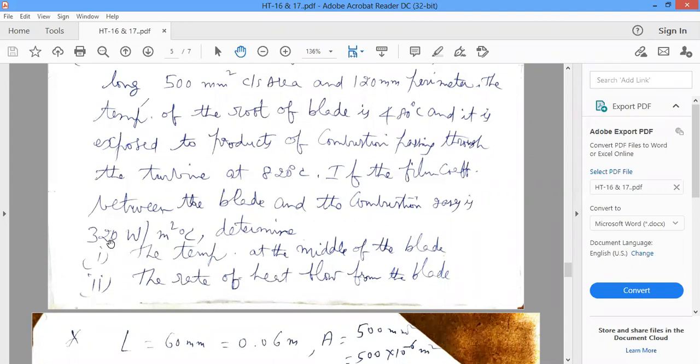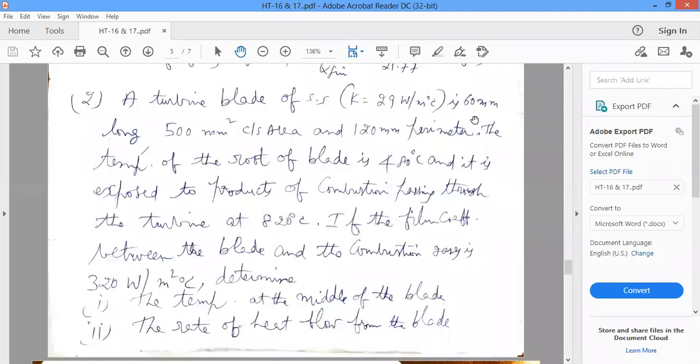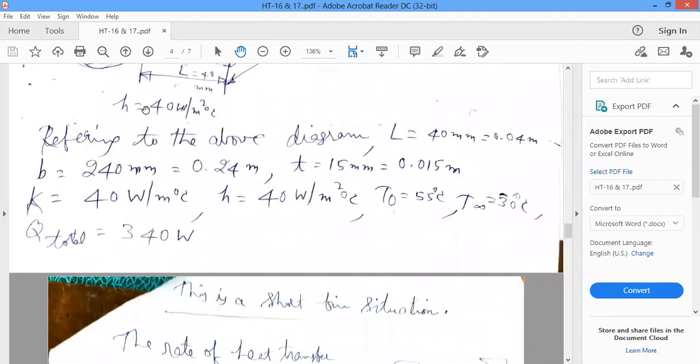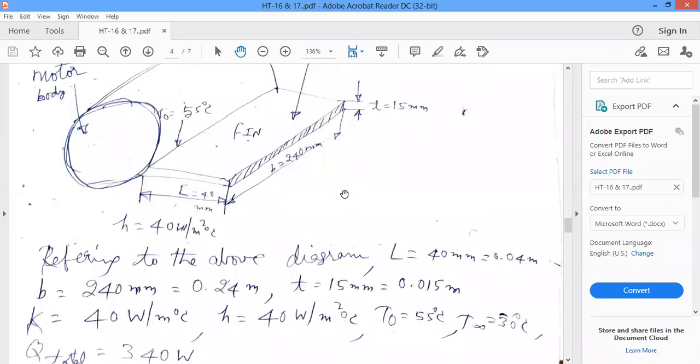So 60 mm, that's why you can take the short length case. Here, for example, if we take this diagram, this is a turbine, and you can take this turbine blade.